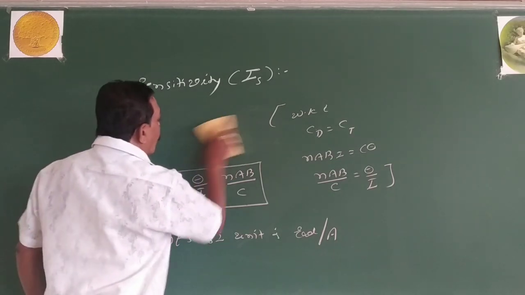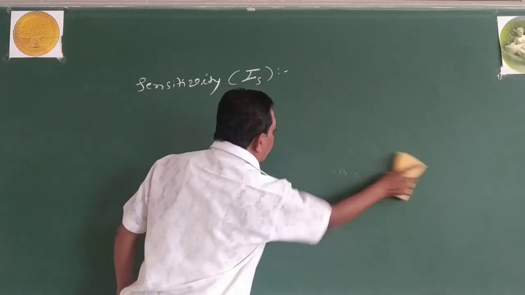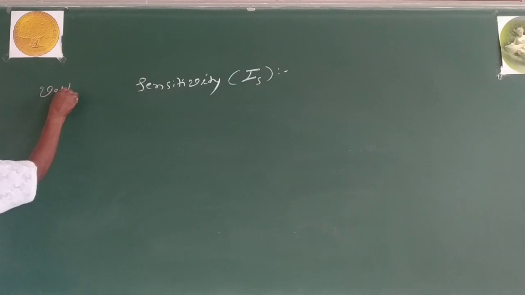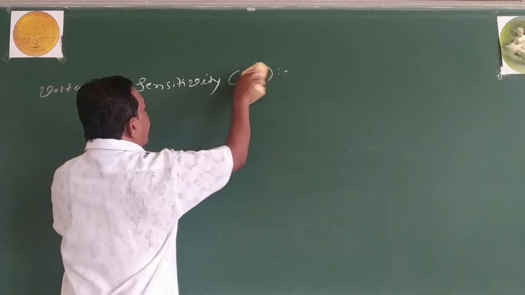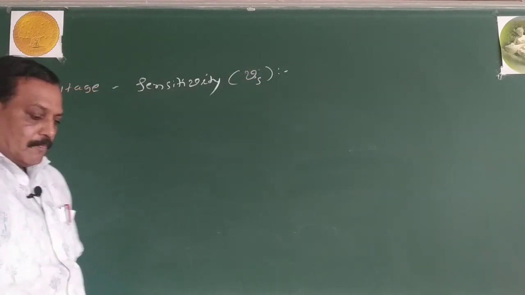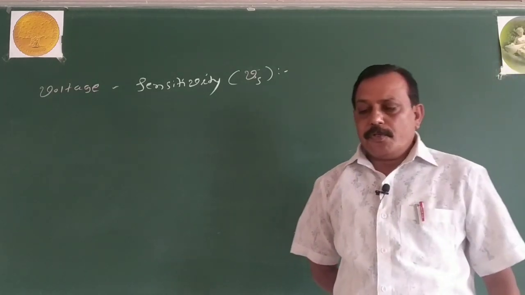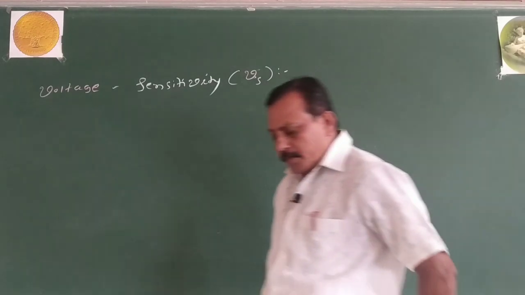Next one, voltage sensitivity. Shall I replace I by V? Current sensitivity is deflection per unit current. Voltage sensitivity is deflection per unit voltage.